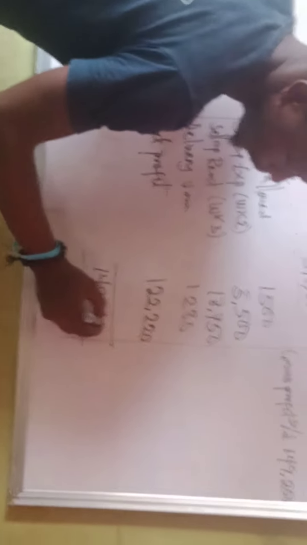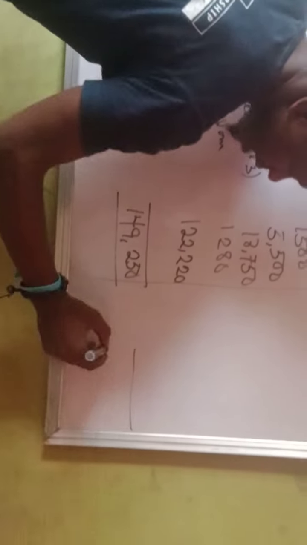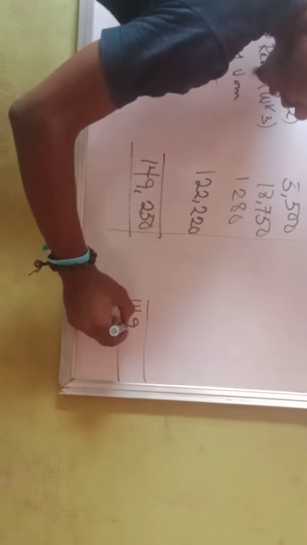So the total will be 149,250. Then you sum up this side to 149,250. This is the end of the account.